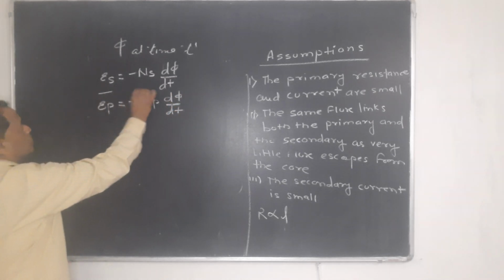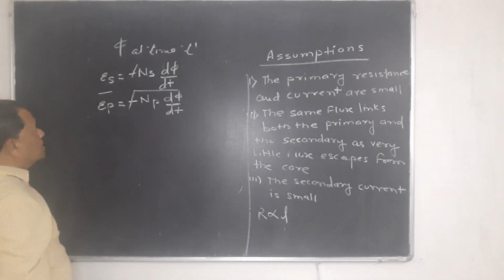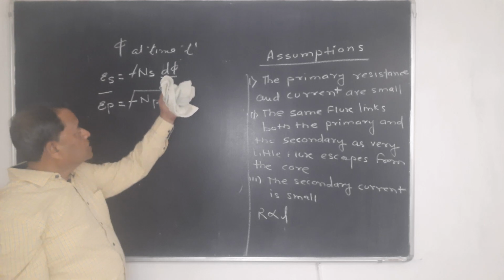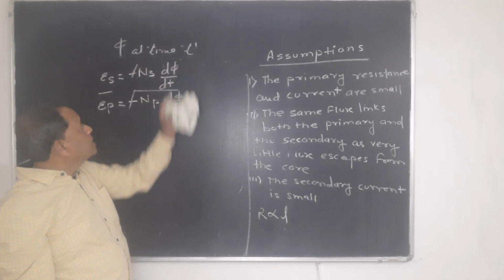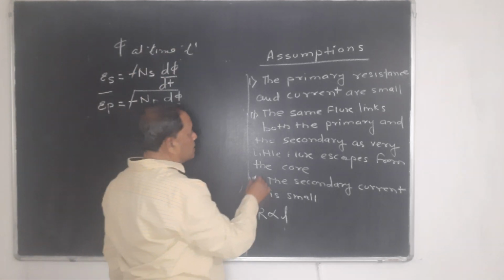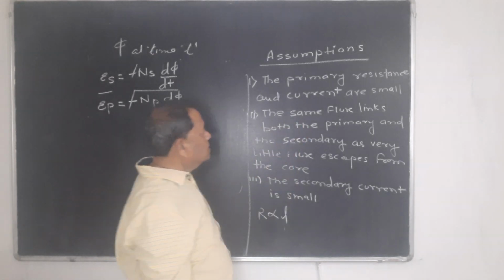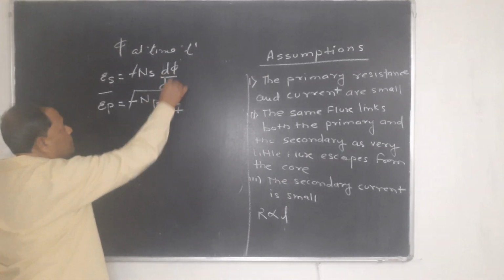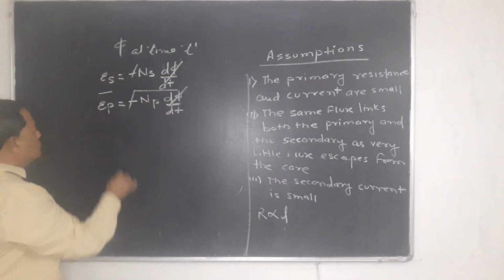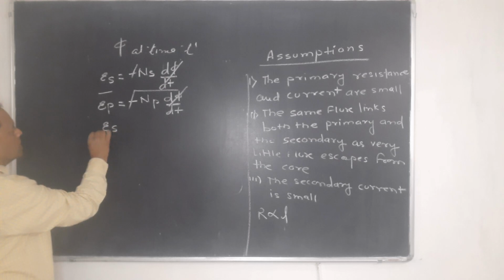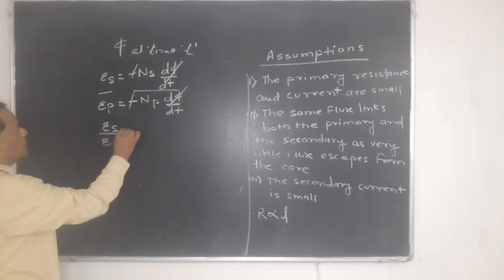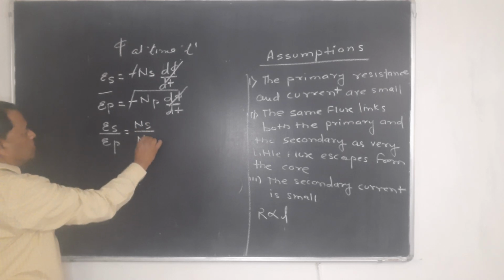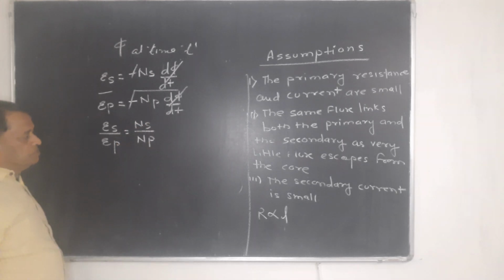Here we take the ratio, and the minus signs cancel out. The change of flux at time t is the same, as per the second assumption, since the same flux links both the primary and the secondary, so it also cancels out, and here we get Es upon Ep is equal to Ns upon Np.